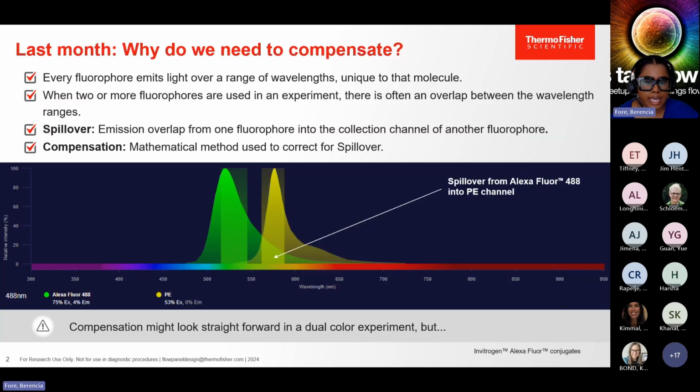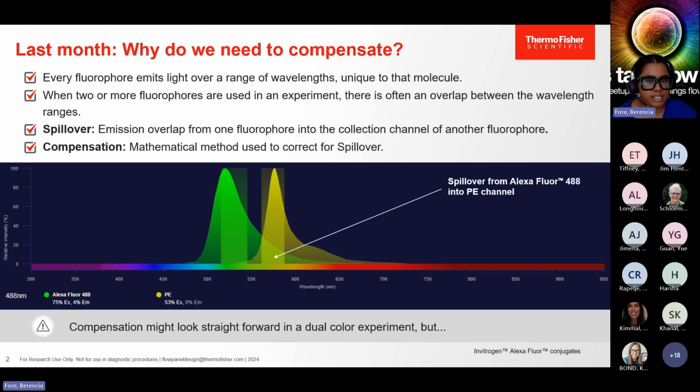To quickly recap, last month we discussed why compensation is essential in conventional flow. And it's crucial to understand that on any instrument, every fluorophore is emitting light over a specific range of wavelengths that are unique to that molecule. So when you're running an experiment with two or more fluorophores, their emission ranges often overlap.